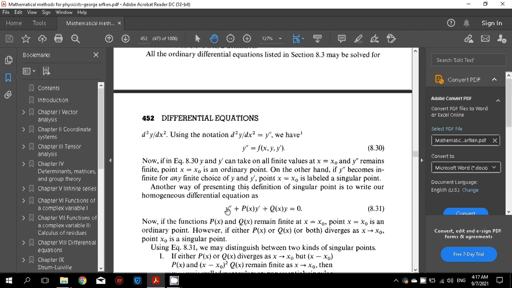We have the second derivative of y, then a polynomial P(x) multiplied with the first derivative, then the polynomial Q multiplied by the function y. So equation 8.31 is the general form of a second order differential equation, and this is the equation we are going to solve. We will learn a technique to solve this equation.